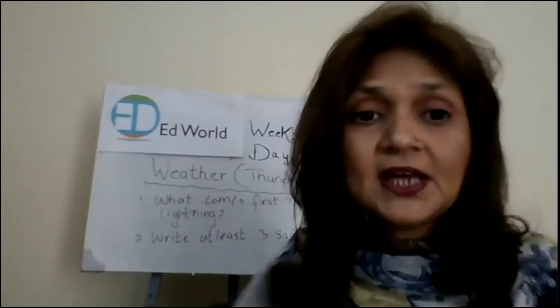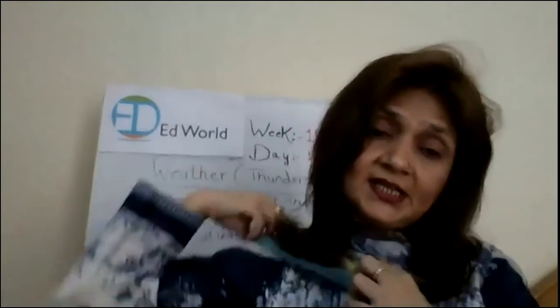What are safety measures? How to stay safe during a thunderstorm, like we have already discussed in the class. So these are the 2 questions. 6 minutes for each question, I think, is more than enough for you. So your time starts now.